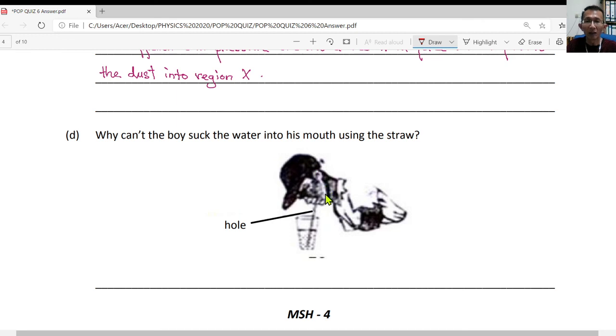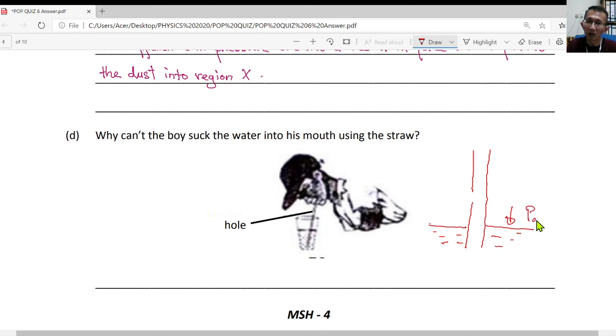This boy is trying to suck the water out through a straw, but the straw has a hole. Alright. So if I can enlarge the straw, here down here is the water, maybe Coca-Cola. So I have P atmospheric here, right?